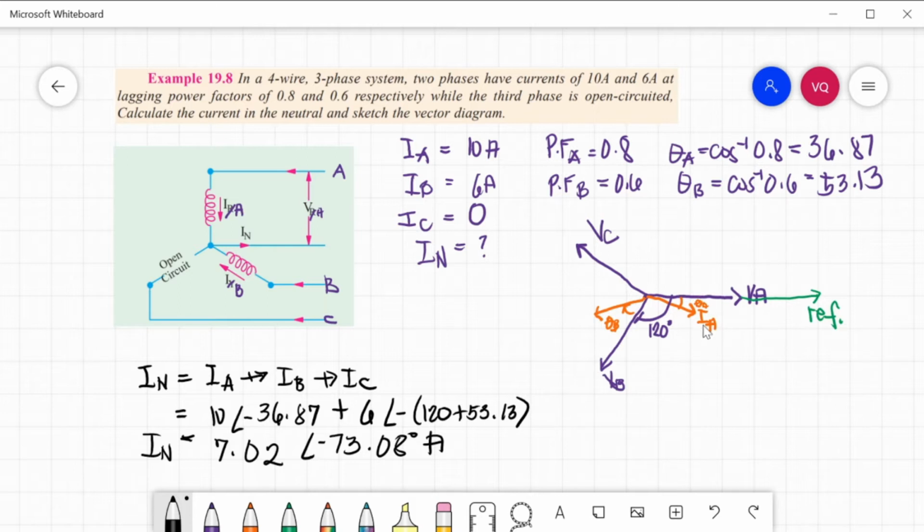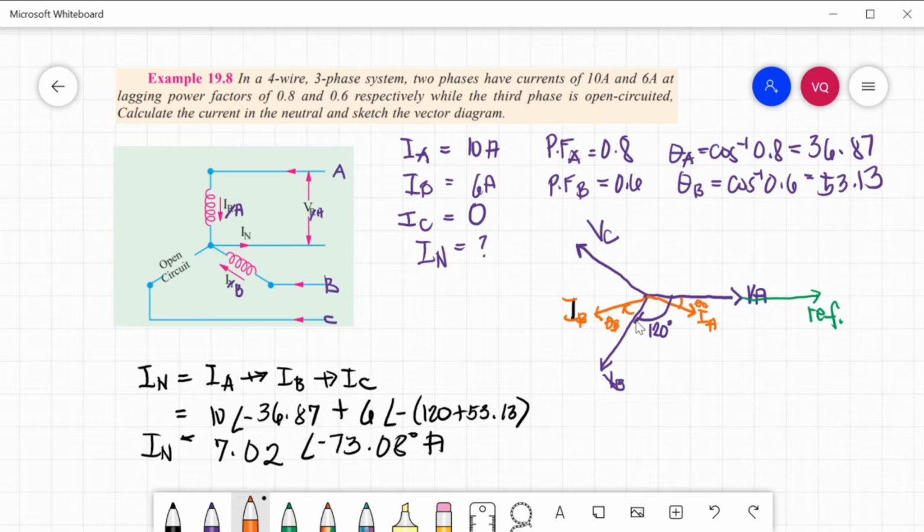The current IA is 10 and has an angle of negative 36.87. So this is theta A. And this is your IB, the current in VB, which has an angle of 53.13 from VB.